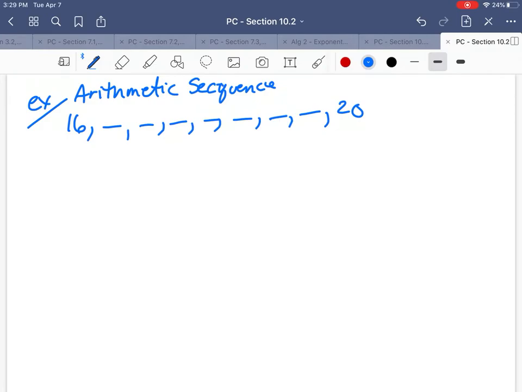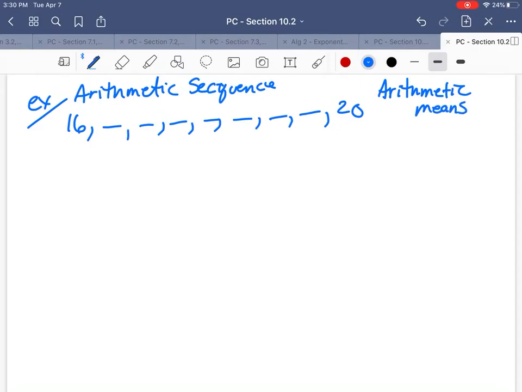You kind of have to be told that up front because who knows what's going on if you're just given 2 numbers and a bunch of empty spaces. And so there's a couple ways to do this. I want to insert all the evenly spaced numbers right here. Remember, this is also called inserting arithmetic means.